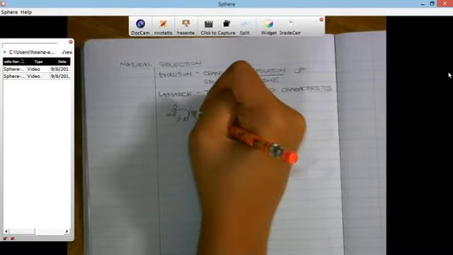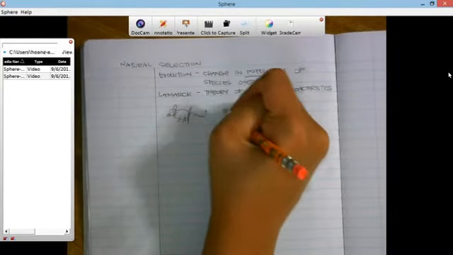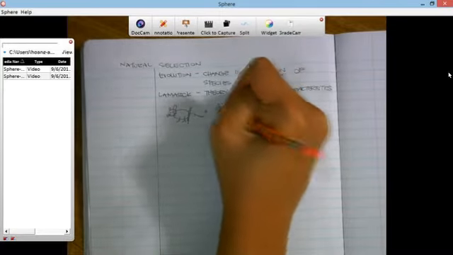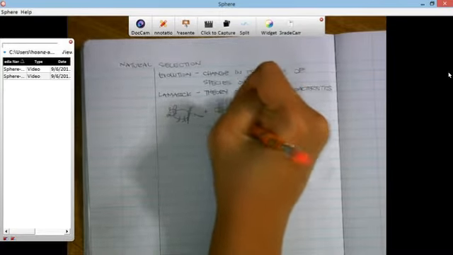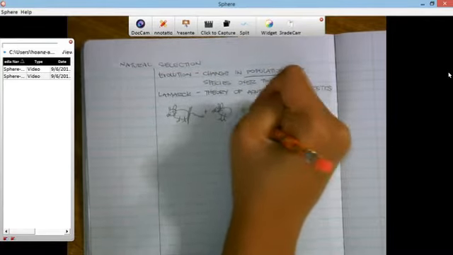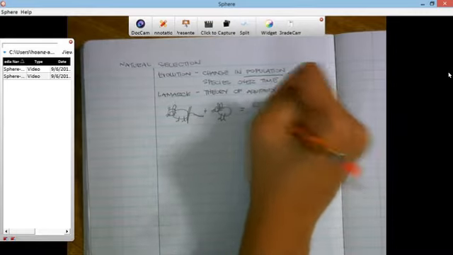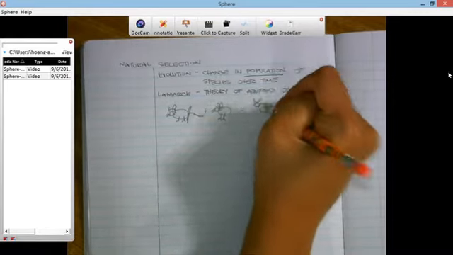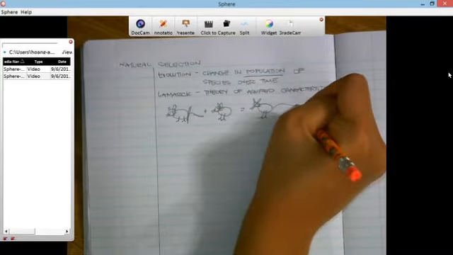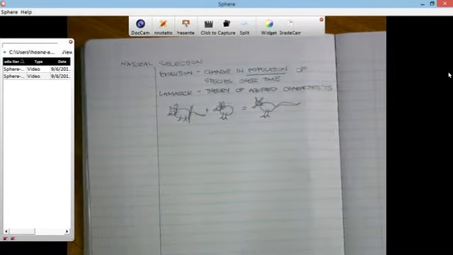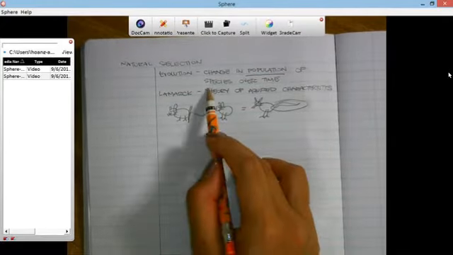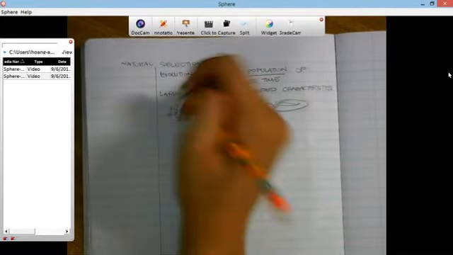So this mouse that had no tail was also mated with another mouse with no tail. They mated, and their offspring was a mouse with a tail. So this experiment in particular showed that Lamarck was wrong.